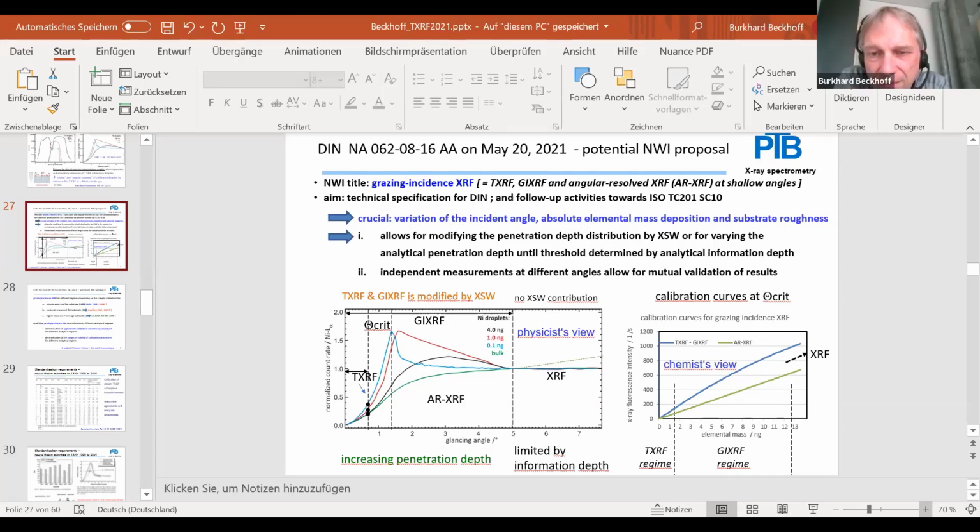Yeah, this is very good to know, because actually what you may need is you take a flat substrate and you take the same flat substrate with a higher roughness. And then the one with the higher roughness should give the green curve, while the other one should give the blue curve, just to determine this. I don't know.